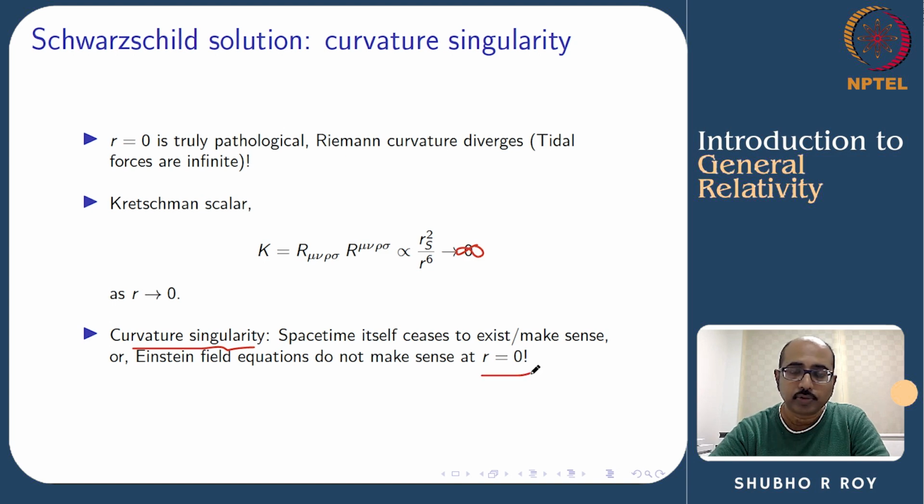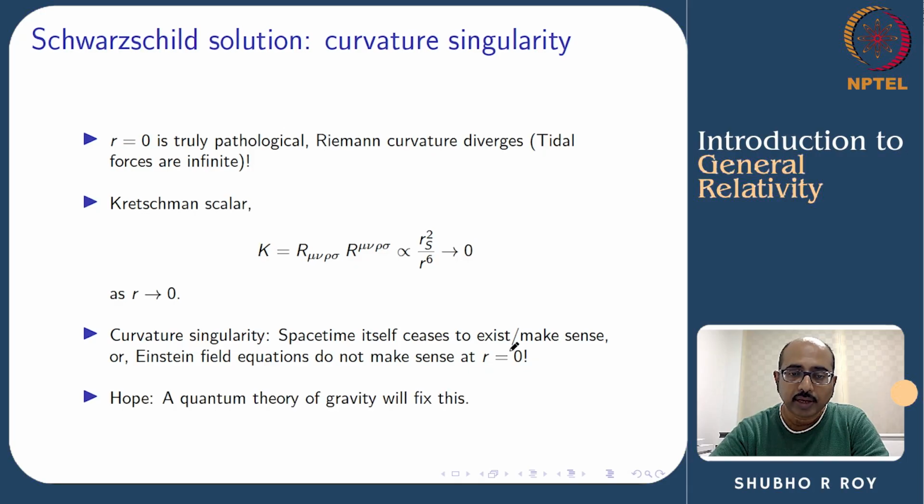Perhaps r equal to 0 is an okay place as a spacetime, but the Einstein field equation, which is leading to this singularity, does not make sense at that point. We have to replace it by some other field equation, which will make the curvature finite. Either of these two possibilities can happen.